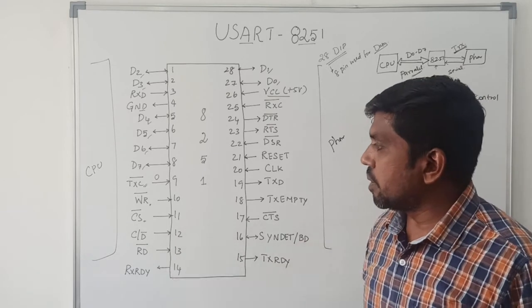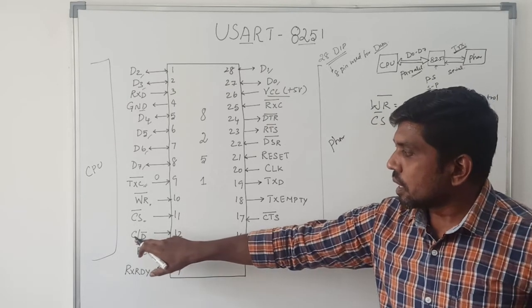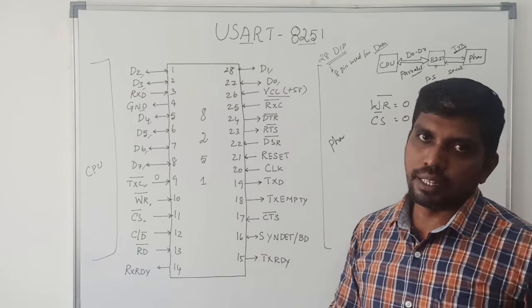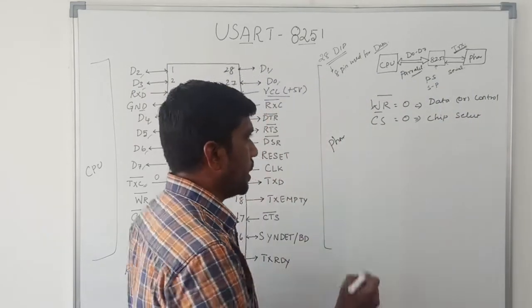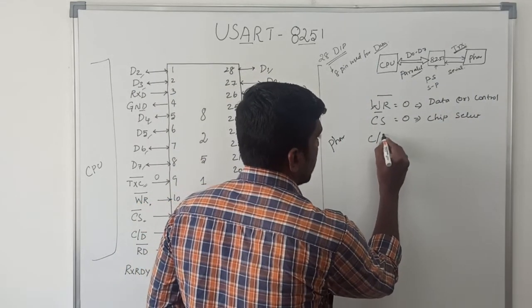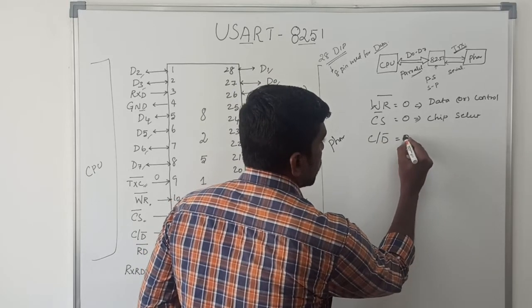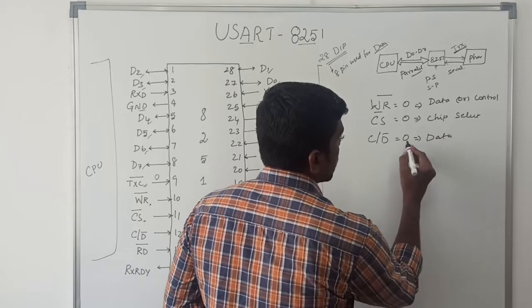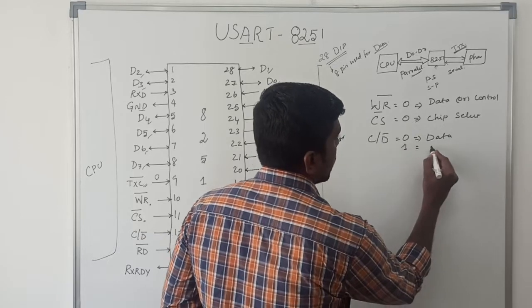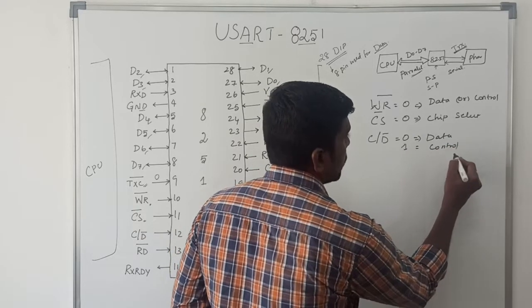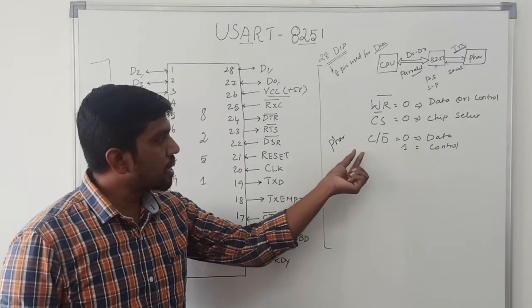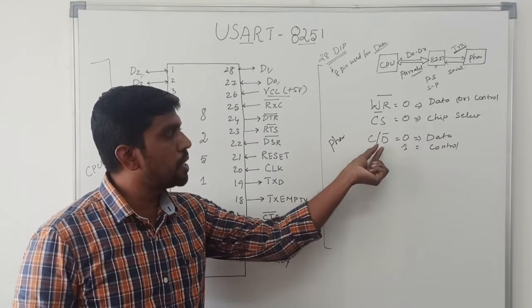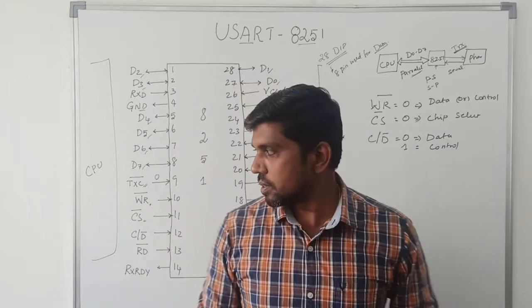Next is C bar D bar. C represents command and D represents data, so control or data. When this value equals 0, the bus carries data. When this value equals 1, the bus carries control signals. Whether the bus is carrying a control signal or data is decided based on this input value.